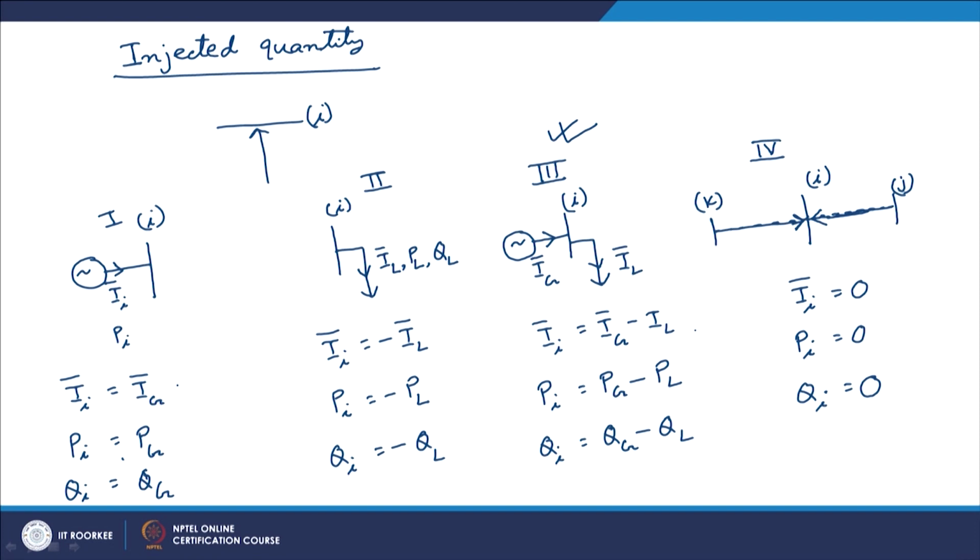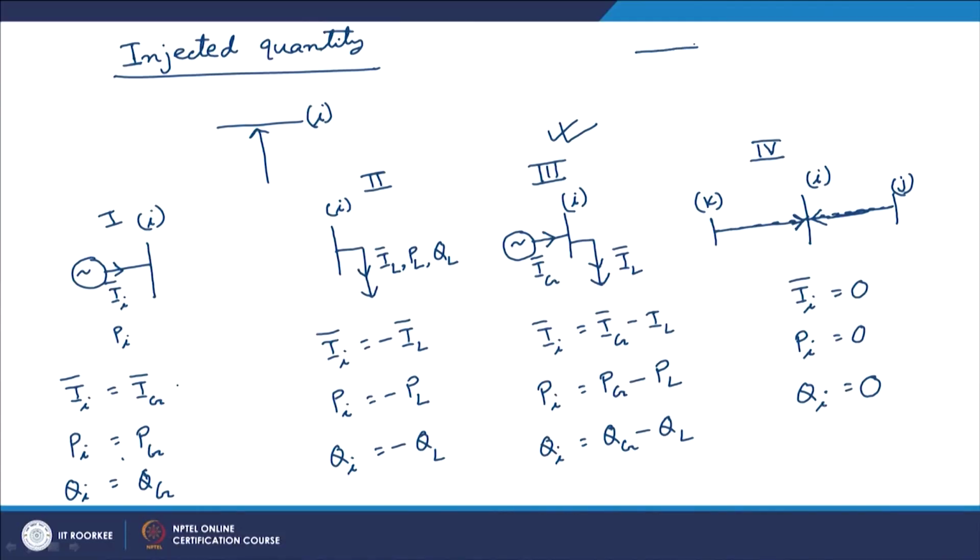Whenever we are talking about an injected quantity, that injected quantity is contributed by the shunt connected elements at the bus, and the shunt connected elements at this bus are nothing but either a generator or a load.